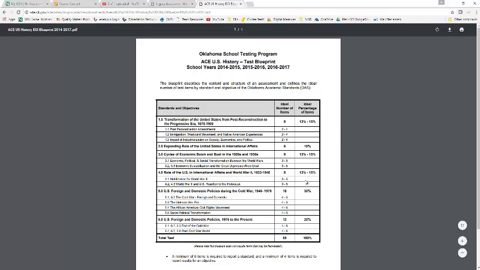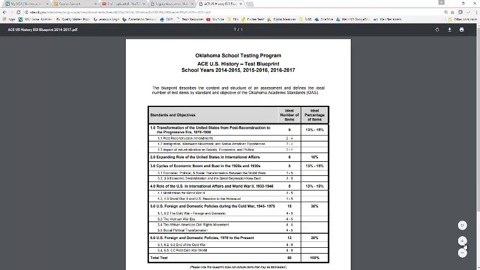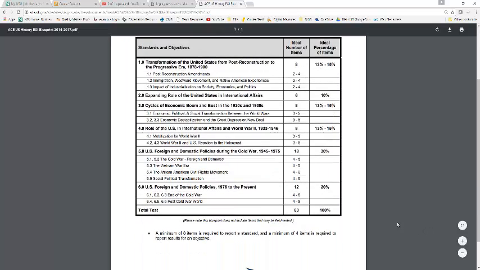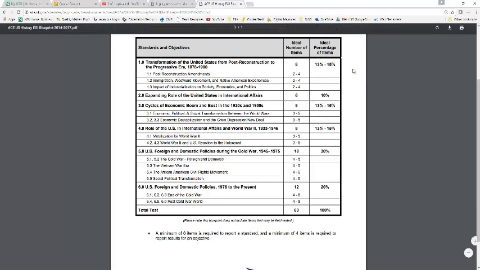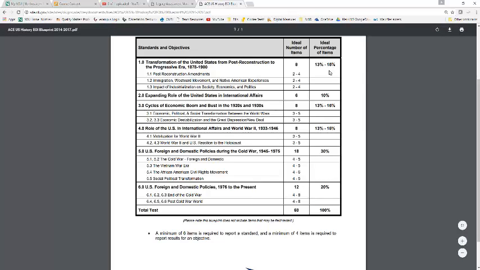What this is going to tell us is how many standards we have to cover. Here we can see that we have 6 overall standards that we have to cover for U.S. history. Let's make this a little bit bigger. More importantly, it tells us underneath the substandards within each of these and what percentage of the test is covered by the standard. So here is standard 1.